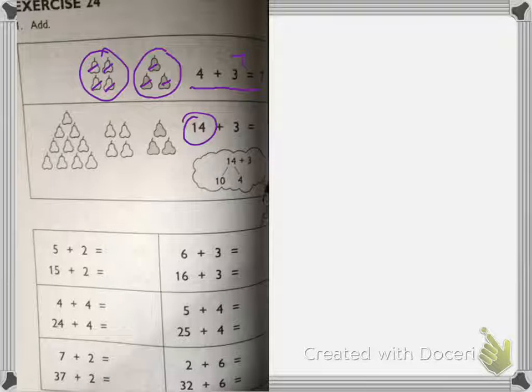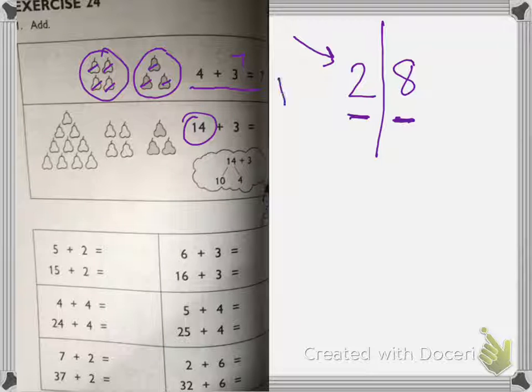Let's look at another example. Let's look at the number 28. There's the tens column on the left and the ones column on the right. So if I put a line here, you can see it better. The tens are on this side. T-E-N-S spells tens. And the ones are on this side.